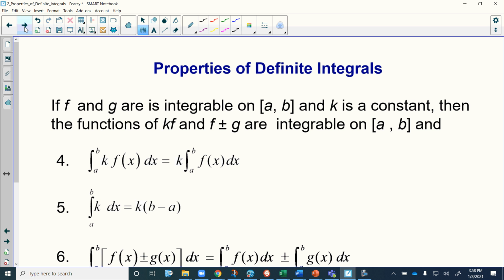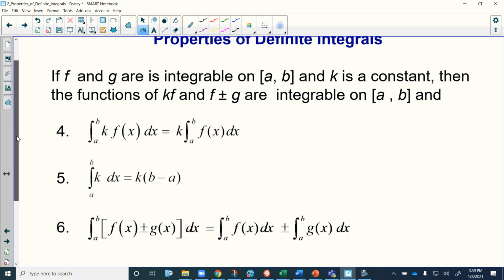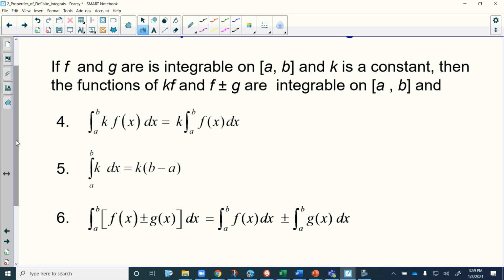And again, moving on to the next one, we haven't seen these yet. If you have a constant, which they're labeling here as k, multiplied to your function for your integrand, you can factor that out and put it to the left side of the long S symbol and then do your integration, and whatever the integration is, multiply it by k.